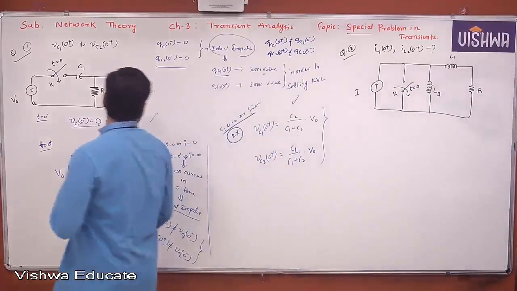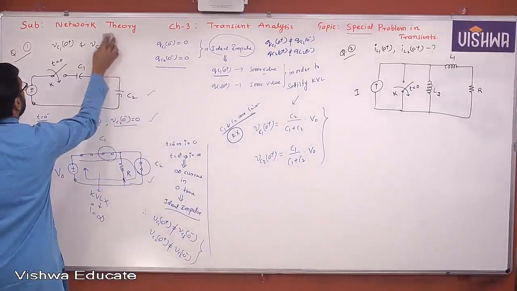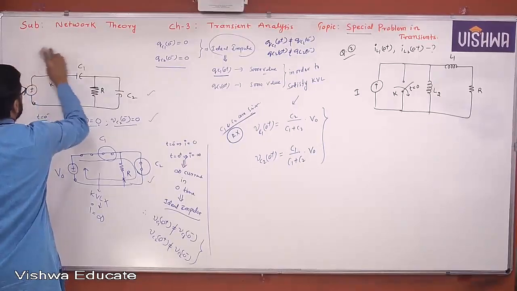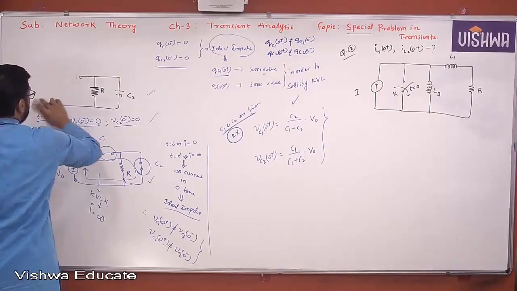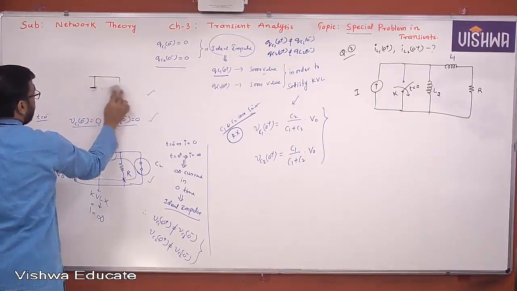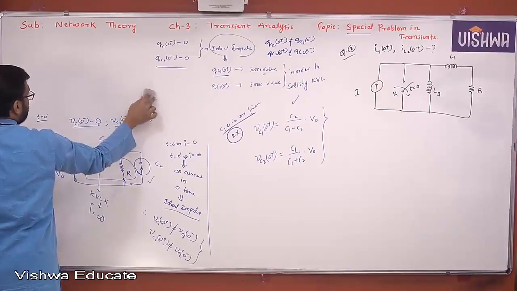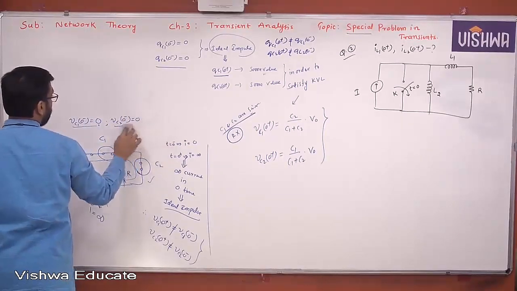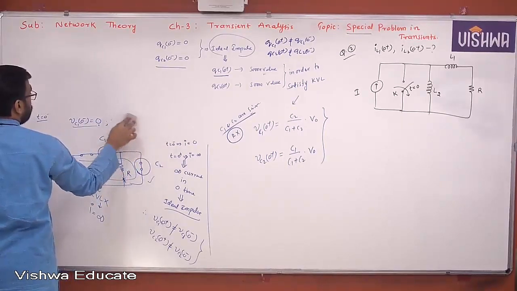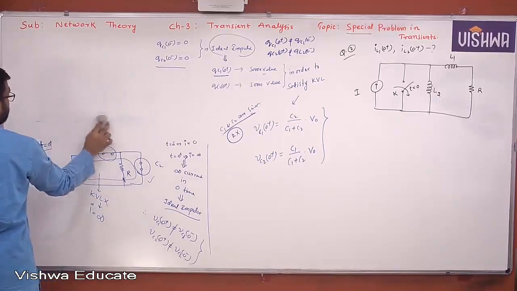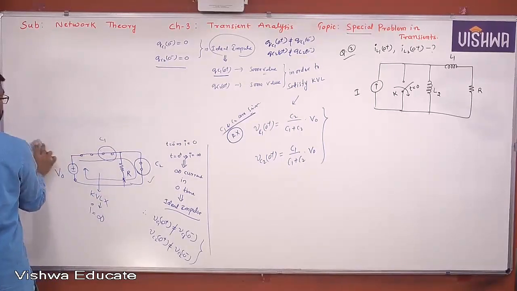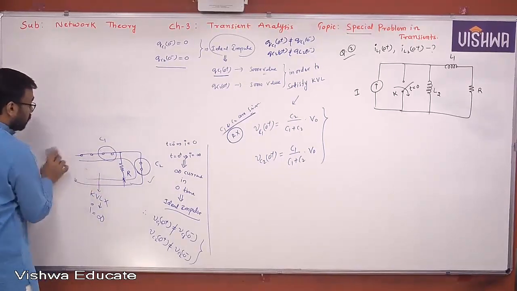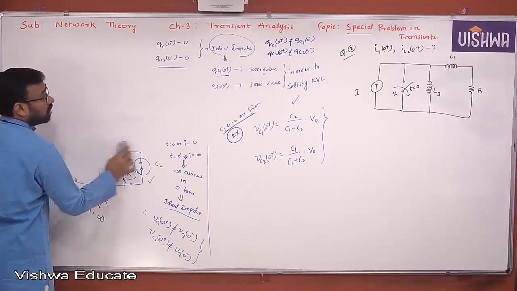Okay, so now look at that. Whenever 0 plus conditions are asked, let us standardize the procedure. What is the first step? Construct t equal to 0 minus. Yes or no? So let's construct t equal to 0 minus. What is the switch position in that network? Closed initially.